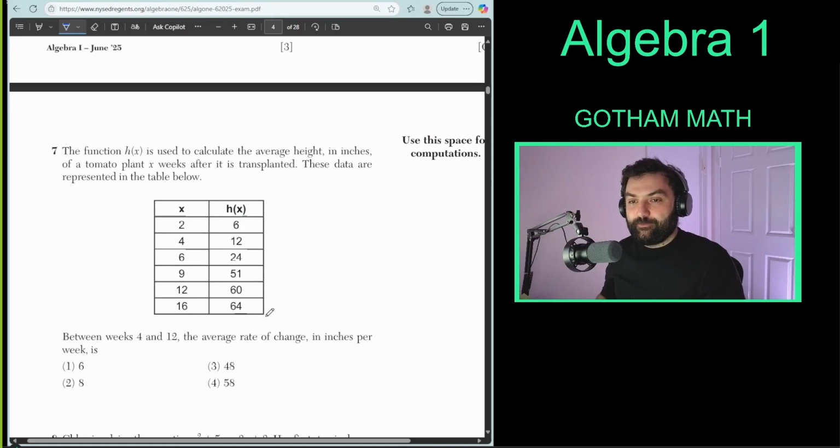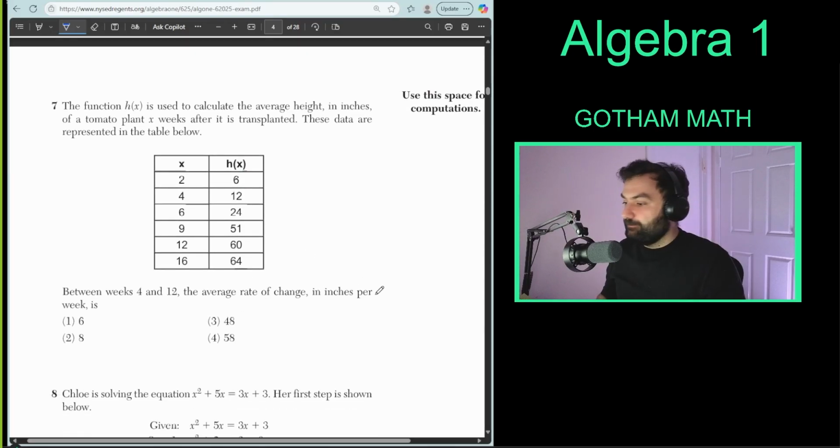All right, guys. Next question, number 7. The function h(x) is used to calculate the average height in inches of the tomato plant x weeks. Honestly, guys, I don't even read those things, to be honest. Like, who cares? Tomatoes, cucumbers, pineapples. This is what's important. Between week 4 and week 12, the average rate of change in inches per week is.